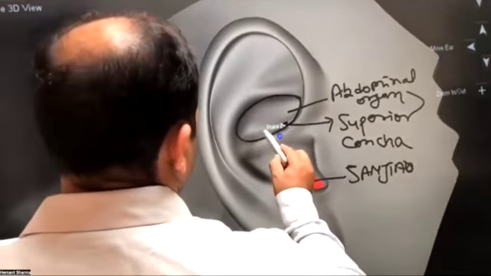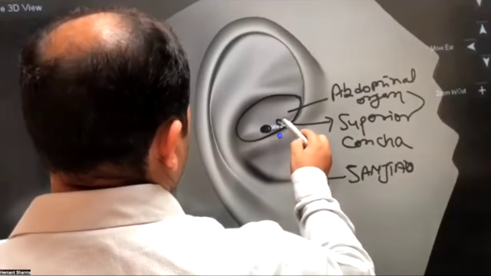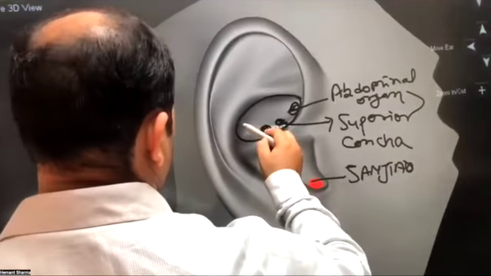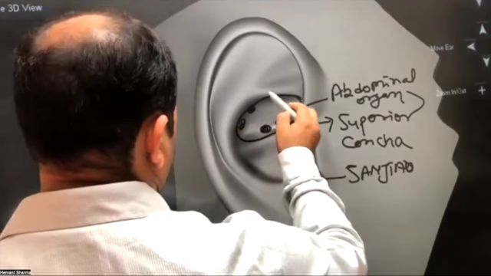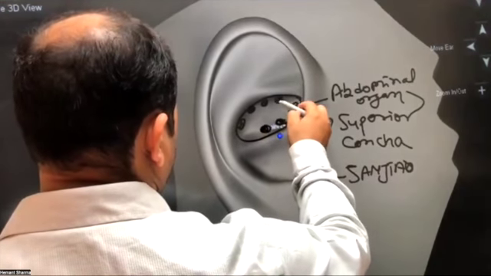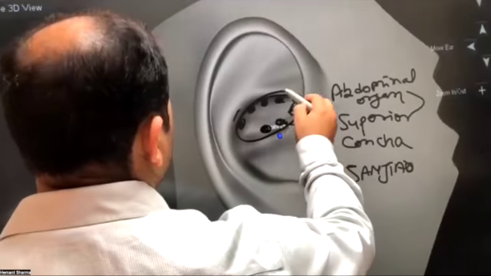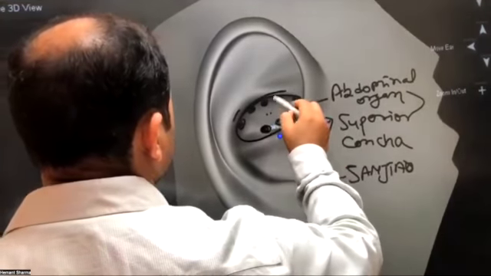Like we have small intestine, large intestine, rectum, liver, gallbladder, kidney, urinary bladder, prostate and all. So all the abdominal part we have in the superior concha.